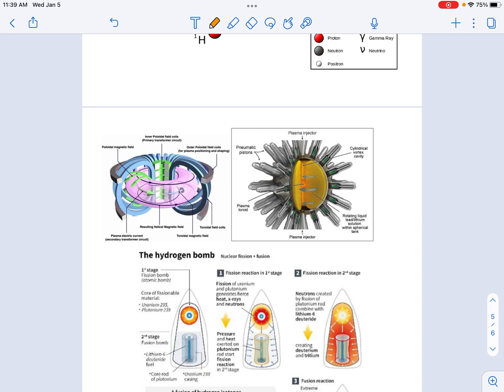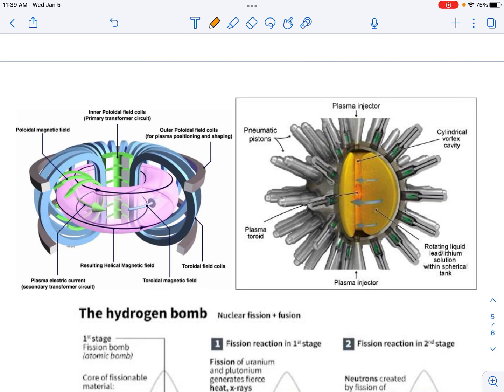Now, if you can control this process, then you've got what's called a fusion reactor. The problem is that right now it takes so much energy and pressure to get the fusion reaction started and so much energy to safely contain the fusion process that we have no working fusion reactors on the planet right now. Now, that's not quite true.